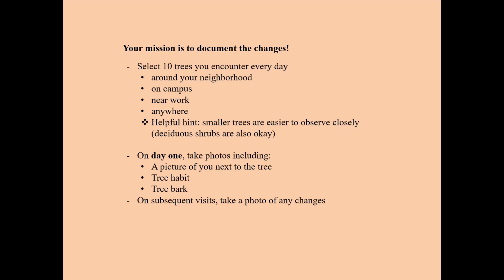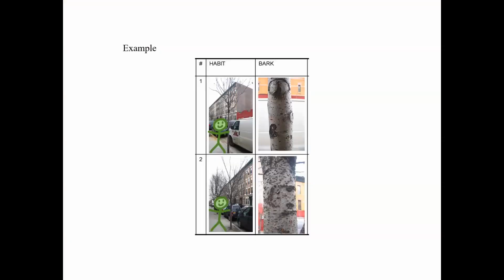That's on day 1. Over the next several weeks, you're going to revisit your 10 trees and take photos of any changes or any non-changes, right? If you go look at your trees 2 weeks from now and they look the same, you still need to document that.